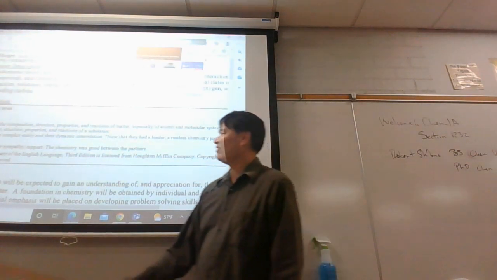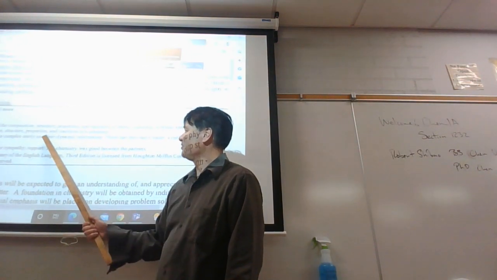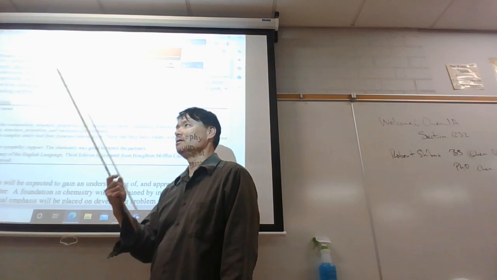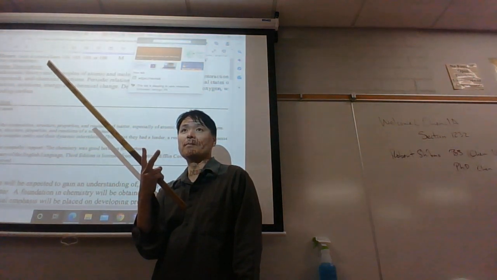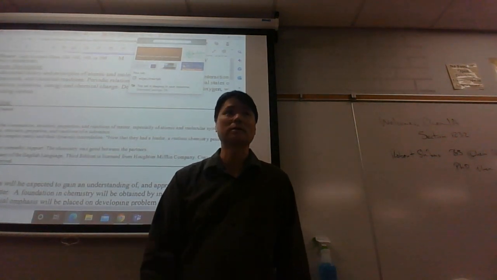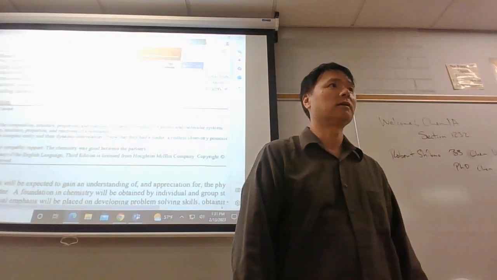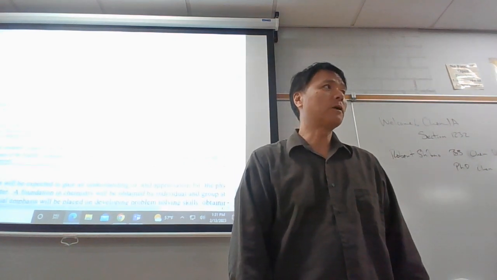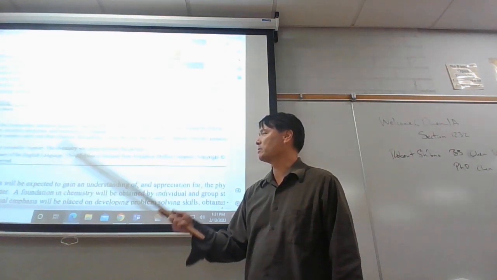And then also chemists have a little bit different definition of properties. When a chemist thinks of properties, there are 2 types of properties that come up. What are the 2 types of properties chemists are interested in? 2 types. Physical properties. Give me some examples of physical properties.